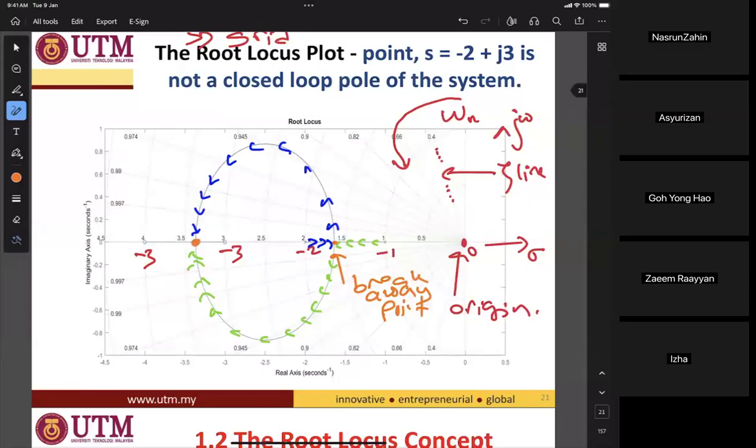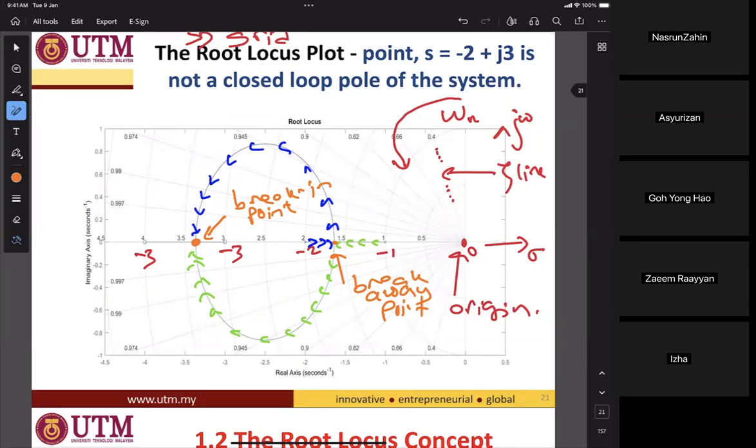What is the name of this point? Break-in point. Just now was a breakaway point, where the paths meet and then split. But this one, the break-in point, is where they meet and go inside.